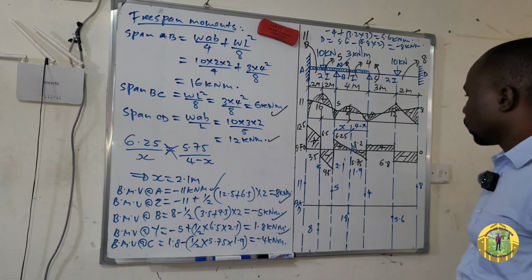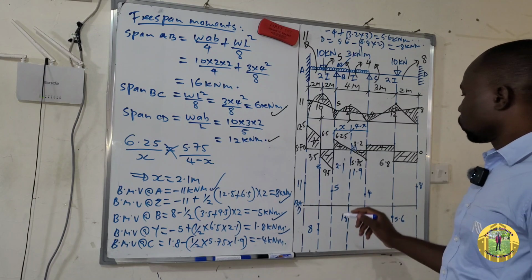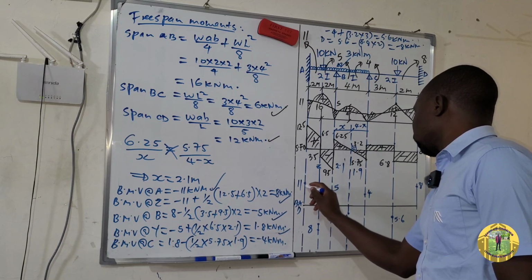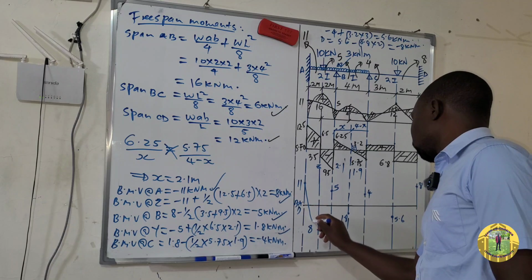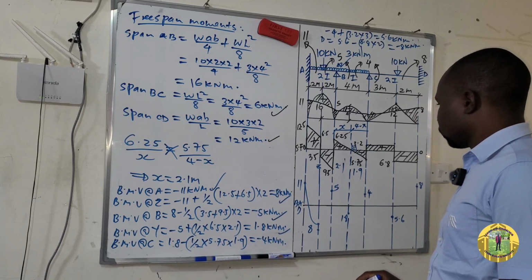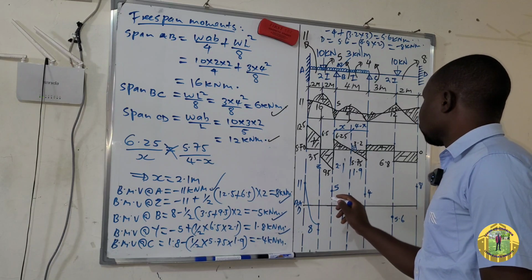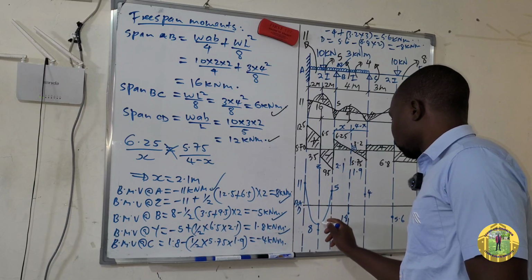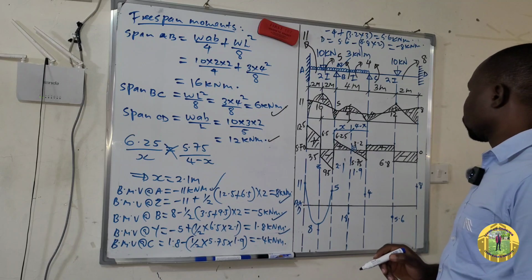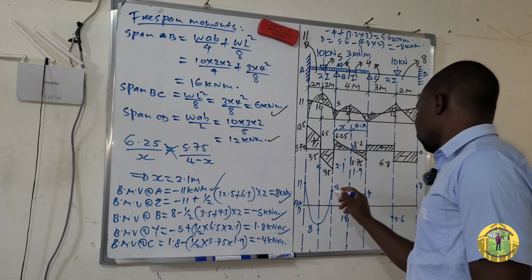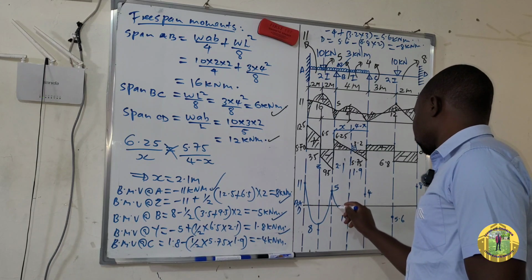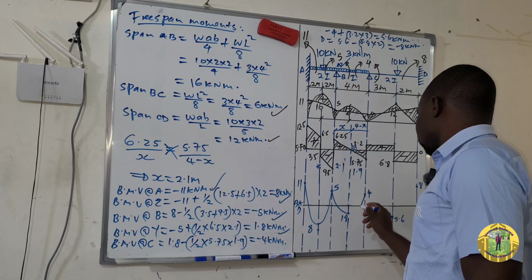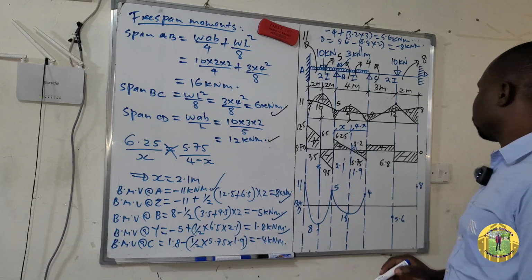So we'll join the dots. So this one will be a parabolic curve.